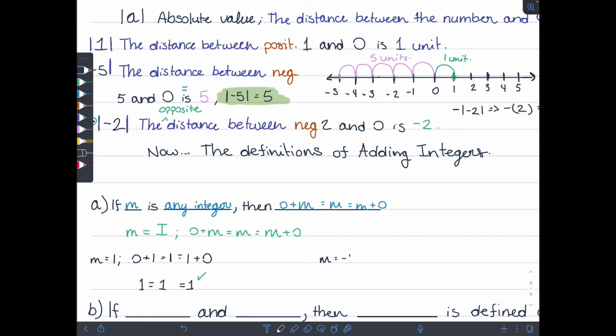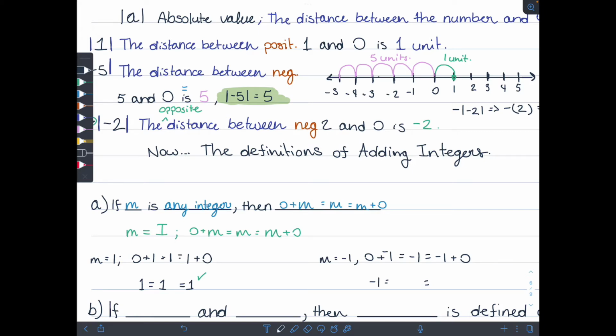Let's set m to be -1 this time. So 0 plus -1 should equal -1, which should also equal -1 plus 0. Well, what's 0 plus -1? -1.